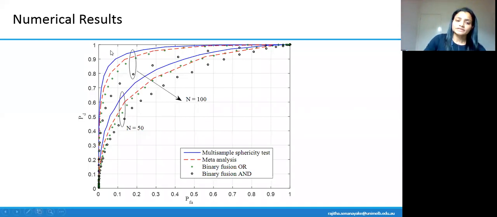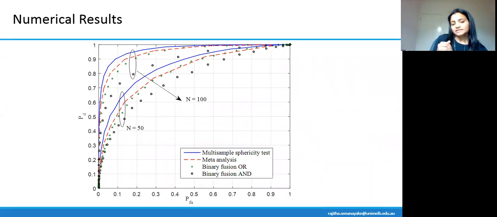And as we expect, the multi-sample sphericity test outperforms all of these because under it, we have all the statistics that we need to generate the test statistic for the decentralized sphericity test, because we are sending the trace and the determinant of each sample covariance matrix. That is all we need to regenerate the global test statistic.